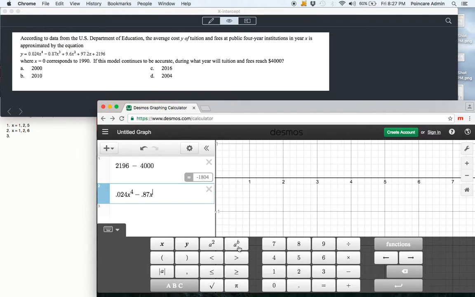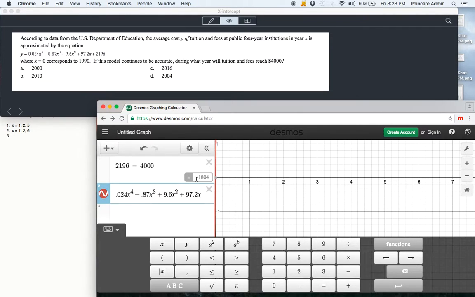X. You're probably already better at this than I am, but anyways. And then plus 9.6x squared, and then plus, jeez, this is long, 87.2x. No wonder I screwed this up.